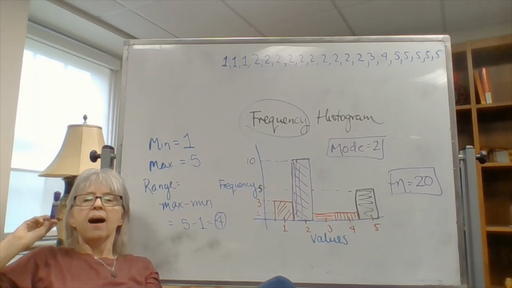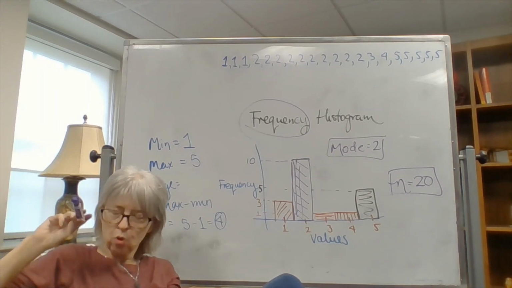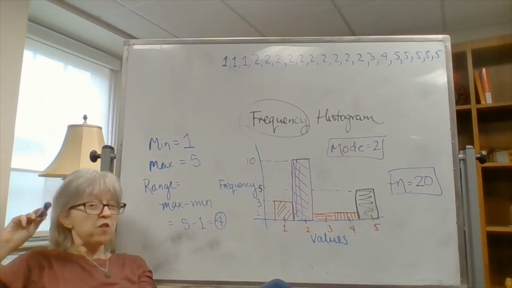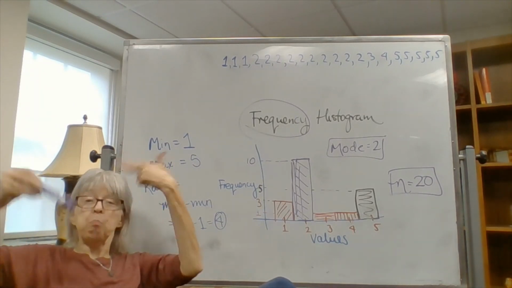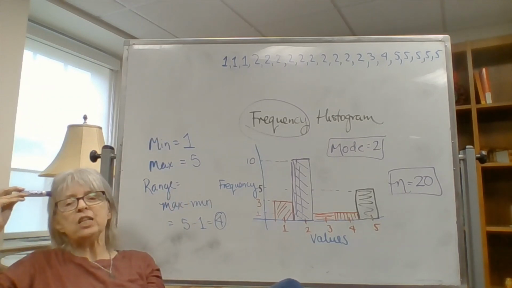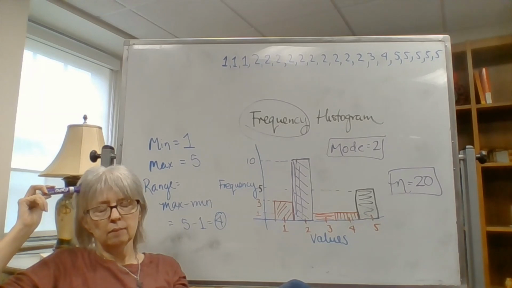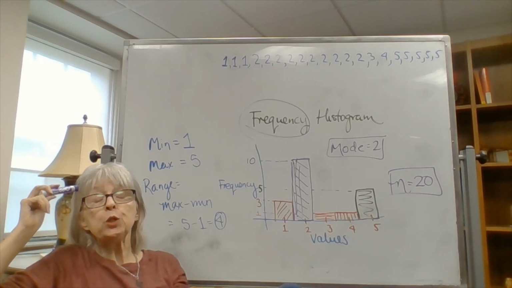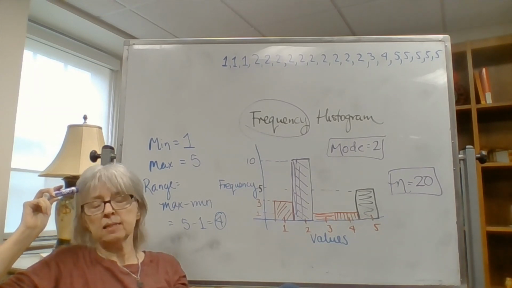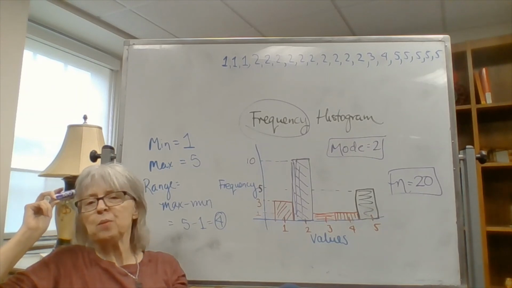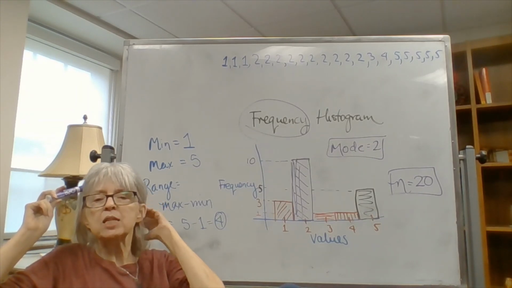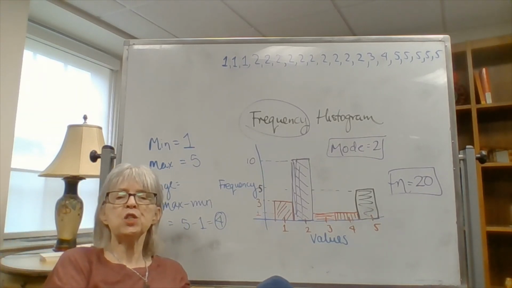Now, I haven't talked to you about how to draw a histogram. You might have figured it out by the way that I pulled this one apart and deconstructed it. But what I am going to do is ask you to look at some histograms, not very many, and do what I just did.